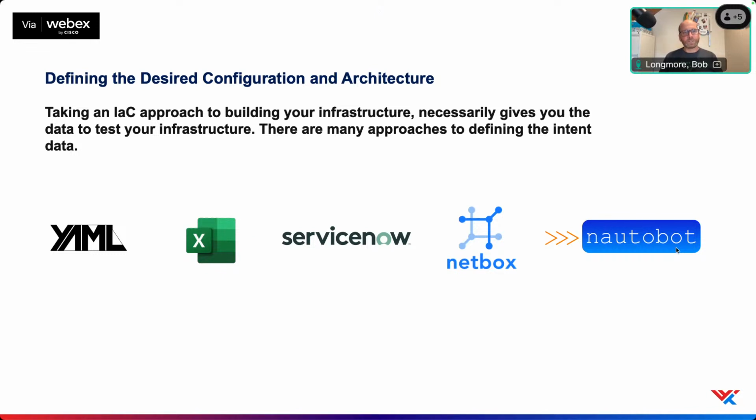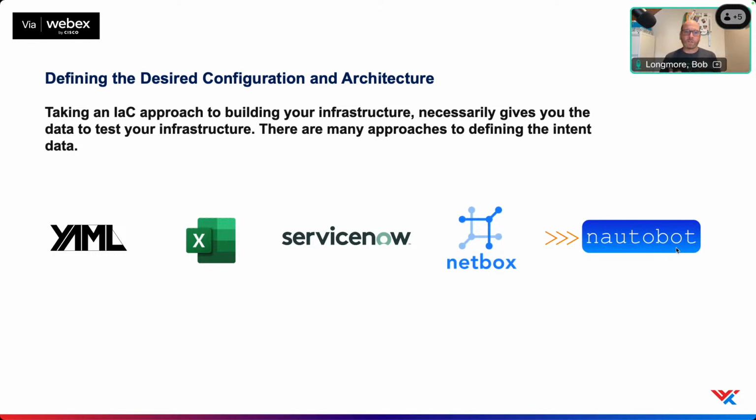My joke that I've been using for years is that Excel is the world's most popular CMDB, source of truth, IPAM. But as organizations scale and grow, we want to get to something a little more robust than that. And so starting with YAML and Excel, that's more static. We can use those things.